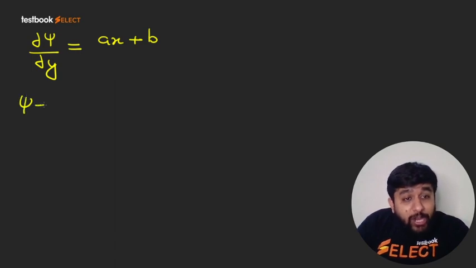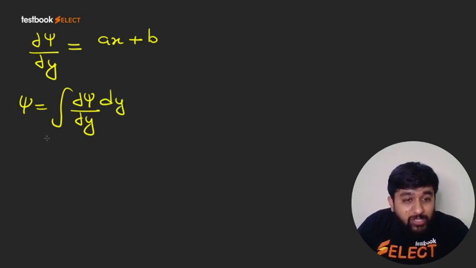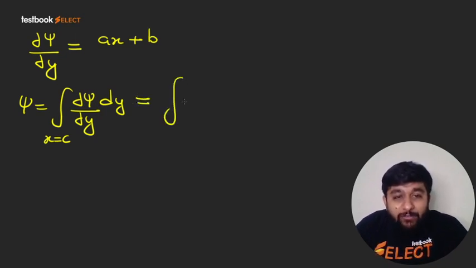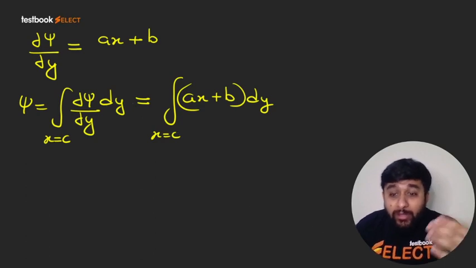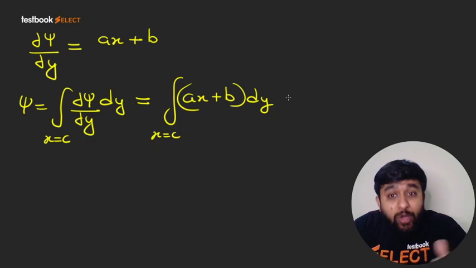That is, I will integrate to get psi. But since during differentiation x was treated as constant, therefore during integration also, x will be treated as constant. So we will have integral of ax plus b dy, treating x as constant. Now again, during integration, we have a constant of integration.